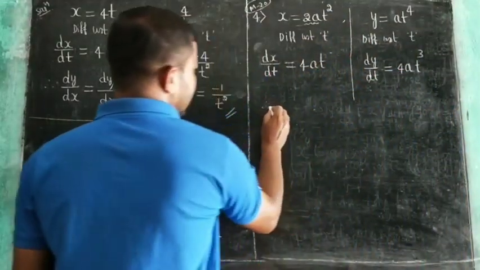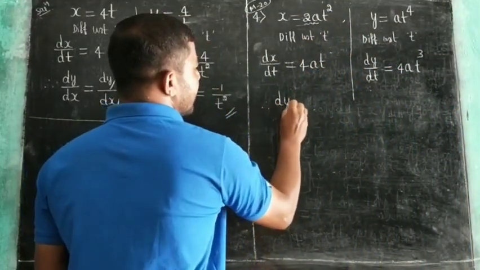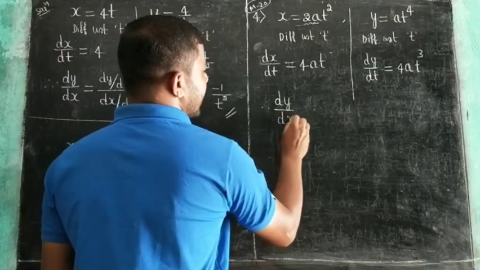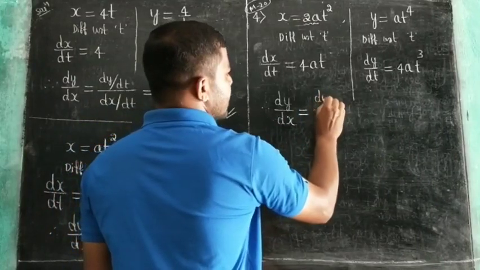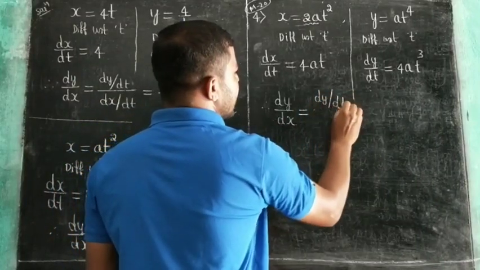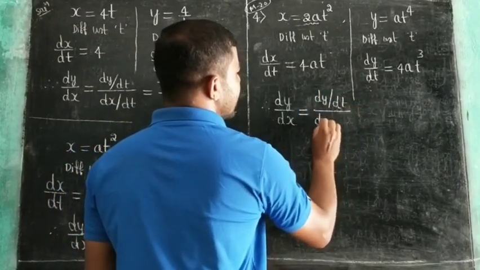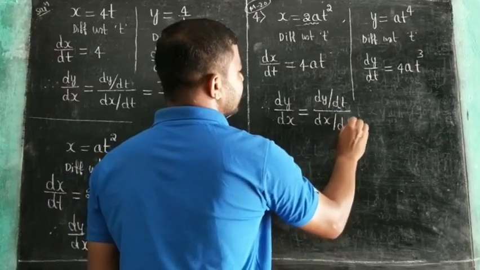Therefore, finally, dy divided by dx is equal to, that formula is dy divided by dt whole divided by dx divided by dt.